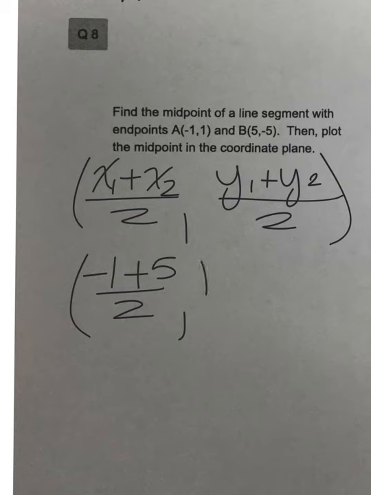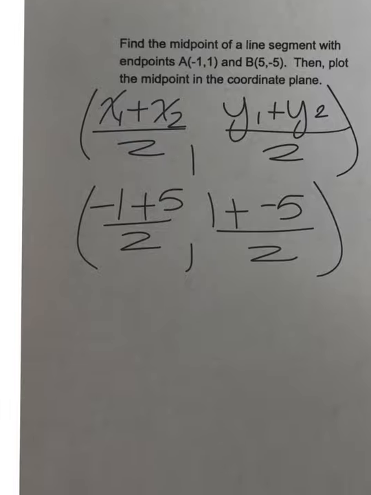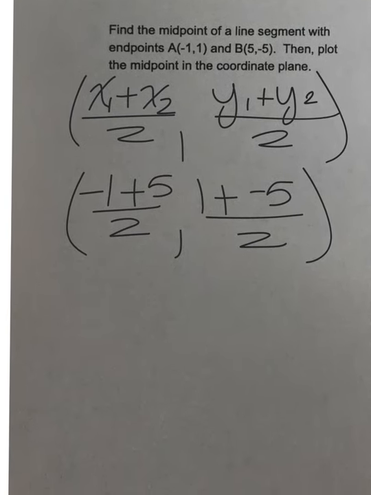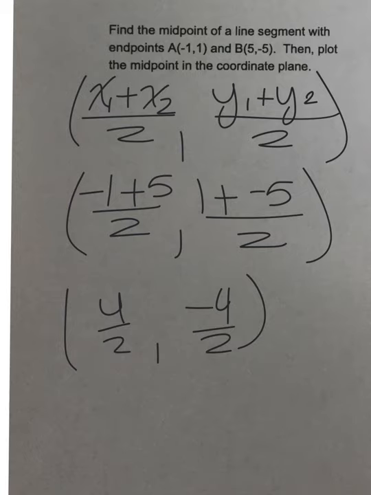My y values, add those together. Negative 1 plus 5 is 4 over 2. 1 plus negative 5, that's negative 4 over 2. Then if you simplify, you get 2, negative 2.